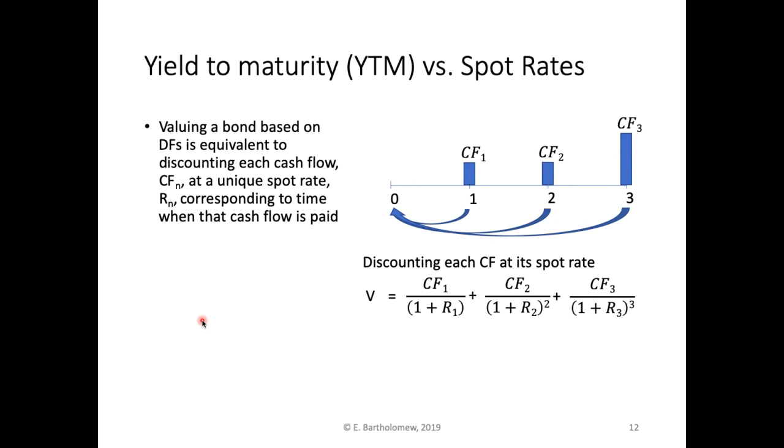So let's move on to a related topic, which is yield to maturity. Now, frequently, we're not dealing with spot rates. Spot rates are associated with zero coupon bonds or strips or any instrument that has a single cash flow, whereas yield to maturity will be what we see when we're looking at bonds with multiple cash flows, which is really what a normal bond would look like.